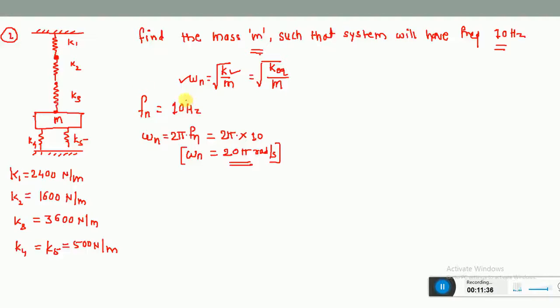So we have to find out the K equivalent for the compound arrangement of K1, K2, K3, K4 and K5. So we will try to simplify this system. As you can see here in the figure, K1, K2, K3 are connected in series. So we will find out the equivalent stiffness for the series arrangement of the springs.